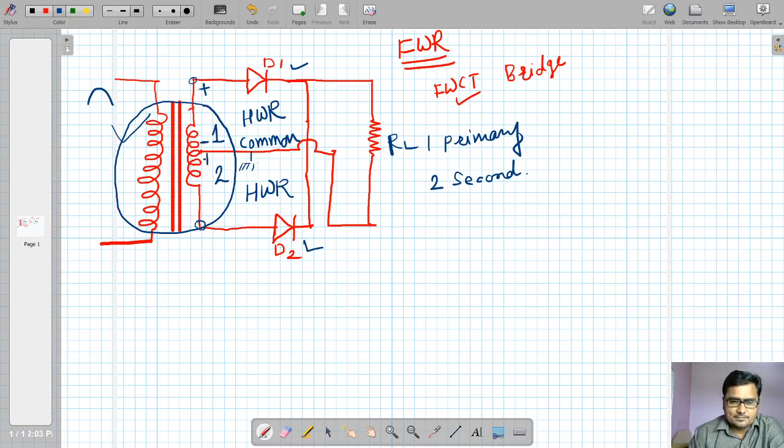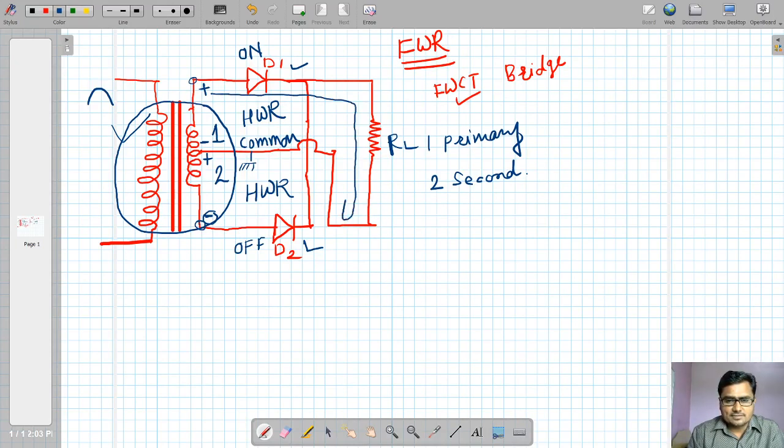As this phase is positive, this diode D1 will start conducting and is in the on state. We are assuming the diodes are ideal, which means zero knee voltage. Diode D2 will go into the off state because its anode is receiving negative voltage. As D1 is on, current will start flowing in this direction.